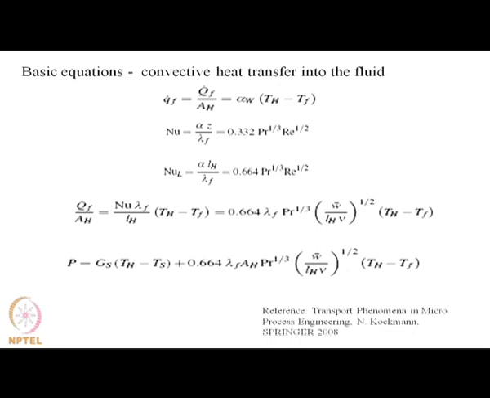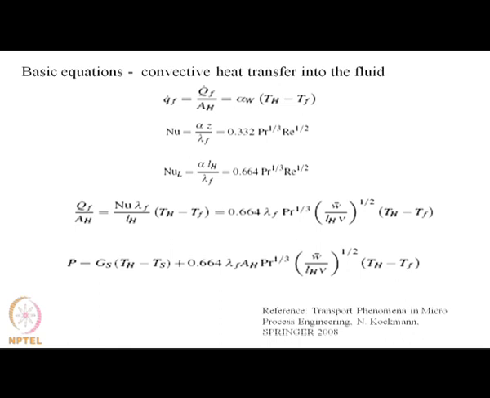So, putting the value of the heat transfer coefficient in the first equation, one can obtain the heat lost over the heater area expressed in terms of lambda, the property, Prandtl number, the similarity parameter, and all the other things.